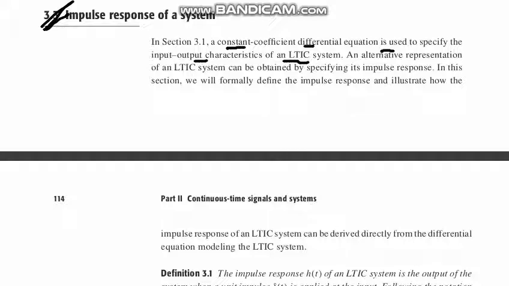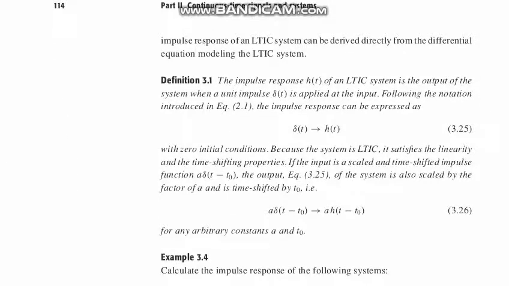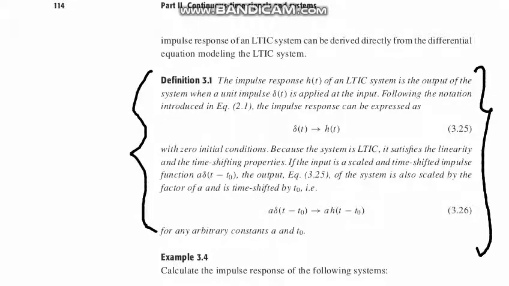In this section we will formally define the impulse response and illustrate how the impulse response of an LTIC system can be derived directly from the differential equation modeling the system. So there is a definition here of the LTIC system.